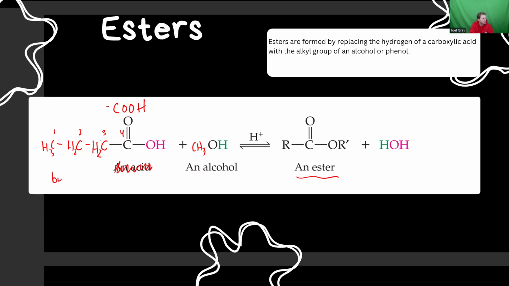Absolutely. But or bute. Now, if we want to add this prefix, if it was a 4 carbon molecule, we would say it's butane. What we call this instead of butane, because it is a carboxylic acid, because it's an acid, we drop the E and we add oic acid.